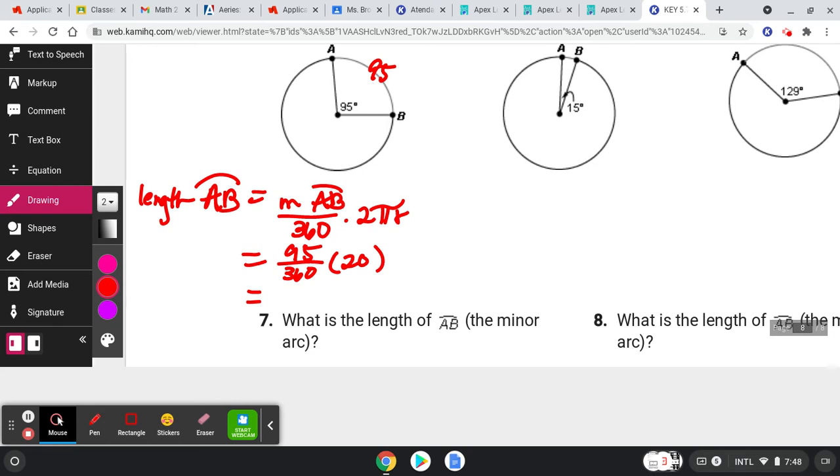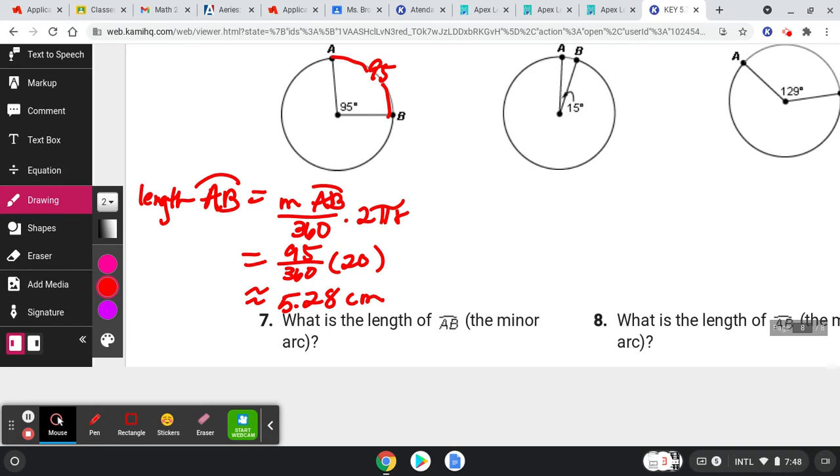So 95 over 360, that's my part, times the whole circumference. It's part of the whole circumference, and that, if you put it into a calculator, is going to come out to approximately 5.28 centimeters. So go multiply that in your calculator just to make sure you got it.